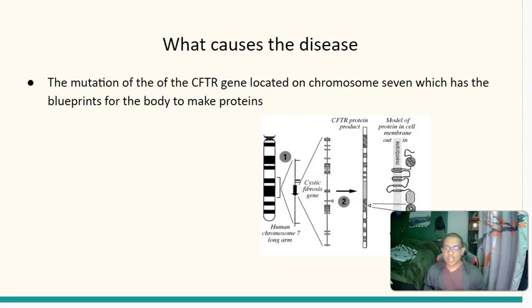That means it can only be contracted if both parents are carriers of the mutation on the chromosome. If you look at my little picture here, you see a strand of chromosome 7, and it's highlighting the mutation of the CFTR protein.